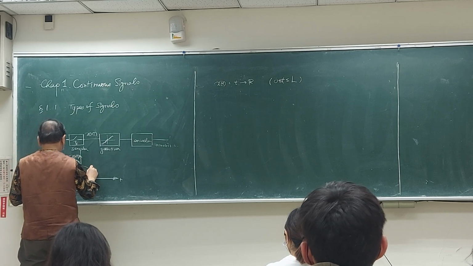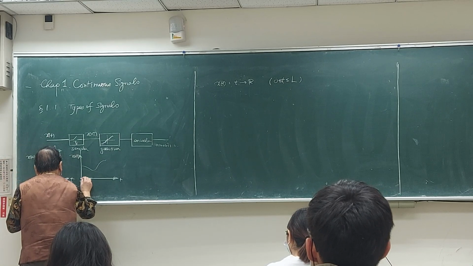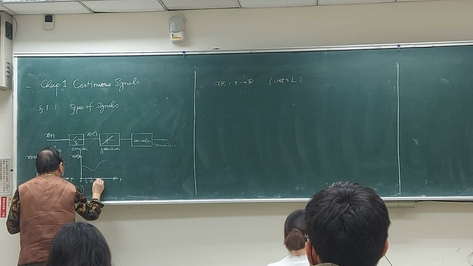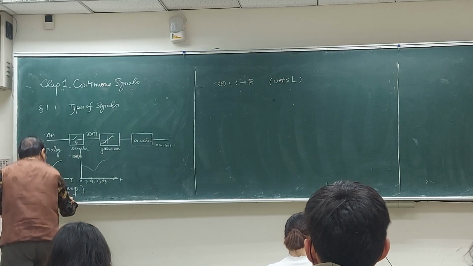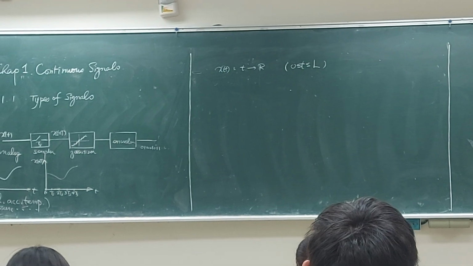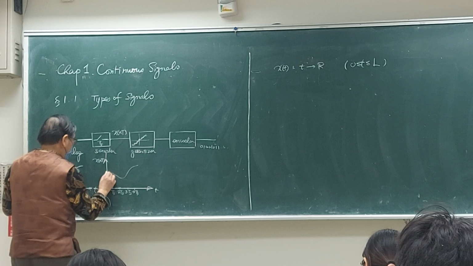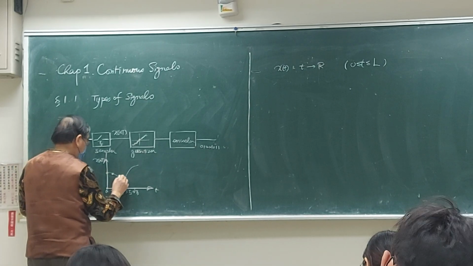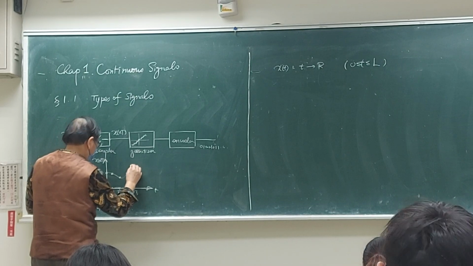So we have the analog signal first, and then we take samples of this signal, starting here at t equals 0. And then at t equals 1 sampling time, 2 sampling time, 3 sampling time, 4 sampling time.